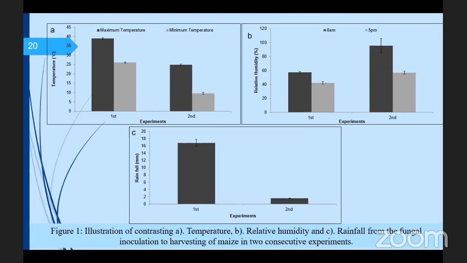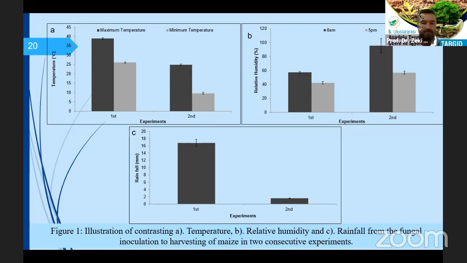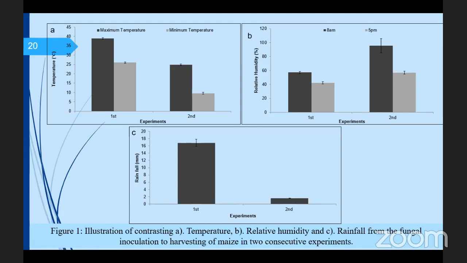Here is the presentation of some meteorological data during the two seasons of experimentation, spring and autumn. We can see that the first experiment had a higher temperature compared to the second, relative humidity was higher in the second experiment, and rainfall was higher during the first experiment compared to the second.